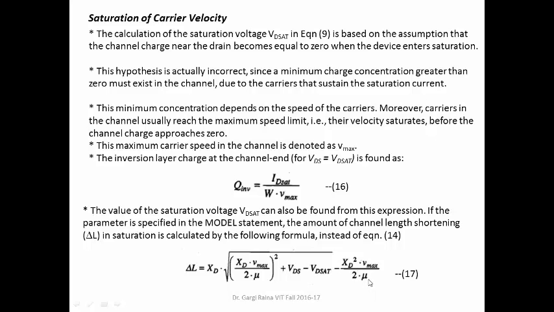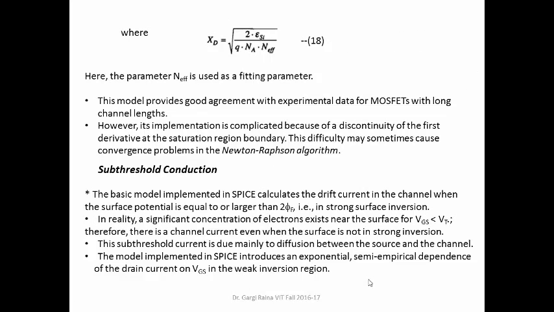So this is to calculate the channel length shortening. XD is given by this, where the XT parameter is given by this equation here in terms of the dielectric constant, doping density, and N effective.